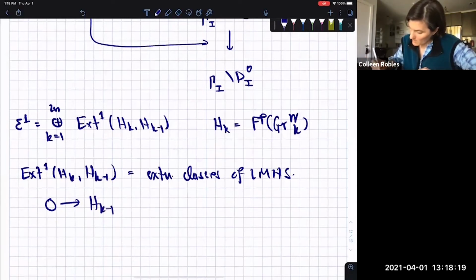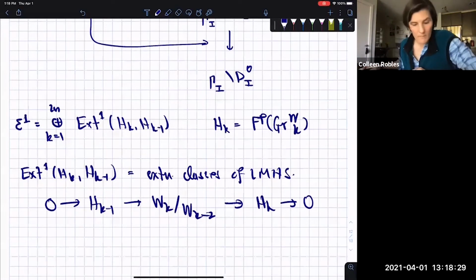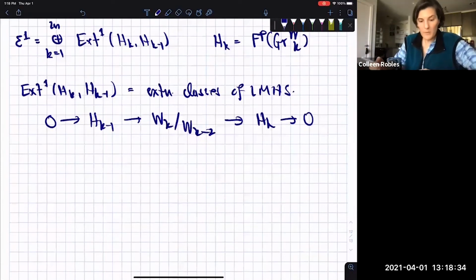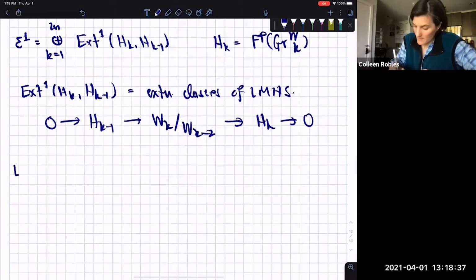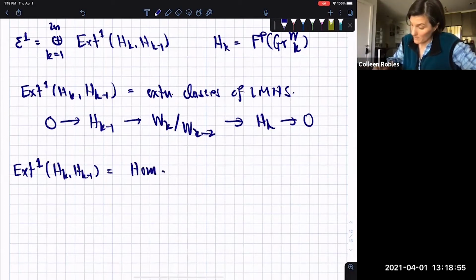So HK minus 1, WK mod WK minus 2, and into HK, and then 0. And what's important to us is that this object has the structure of a complex torus. And actually, I'm also going to have to attach some copies of the plane and punctured plane, but we care about the complex torus.